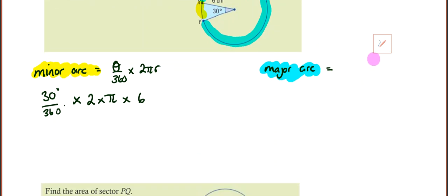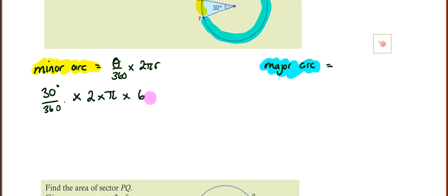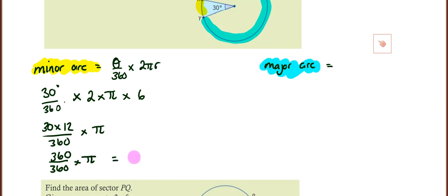However you want to do that, you chuck it straight into your calculator, or I can do 30 times 12 over 360 times pi, 360 over 360 times pi equals xy.